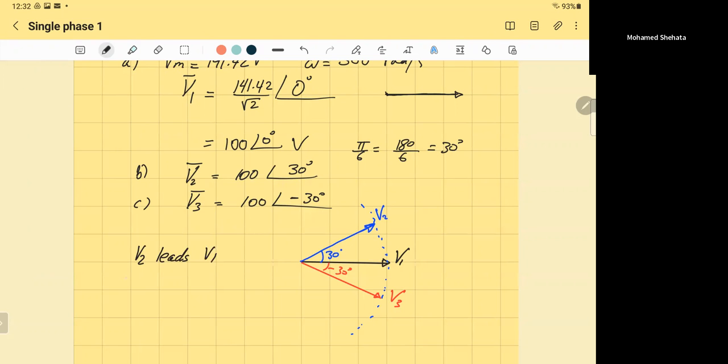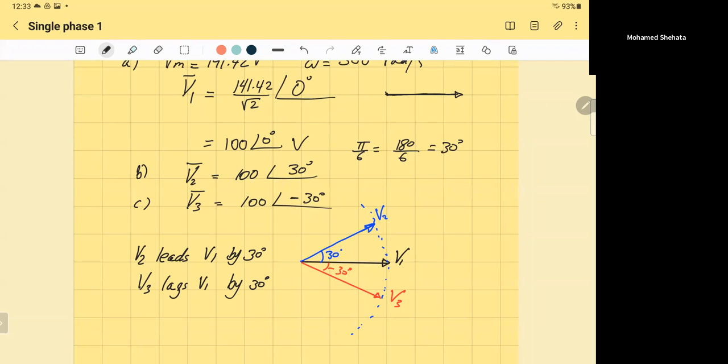What about V3? V3 lags V1, but it's not enough. You have to define the quantity of the angle. So V2 leads V1 by 30 degrees, and V3 lags V1 by 30 degrees. Don't say lag it by negative, because lag already means negative, right? So that's the meaning of lag and lead in general.